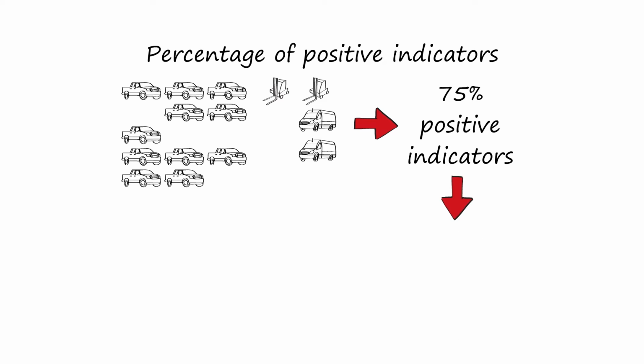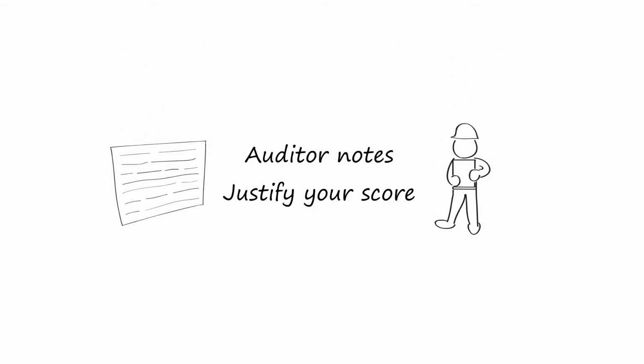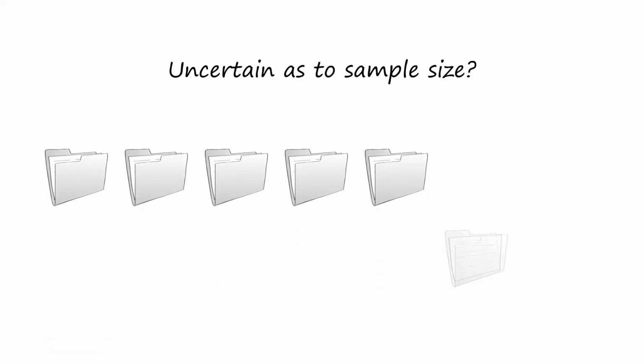That's why you always want to record total number available to sample, your sample size, and the percentage of those documents that confirm the company was following its own procedures. That evidence is your positive indicators, and this is exactly what you'll need in your auditor notes later on to justify your score.